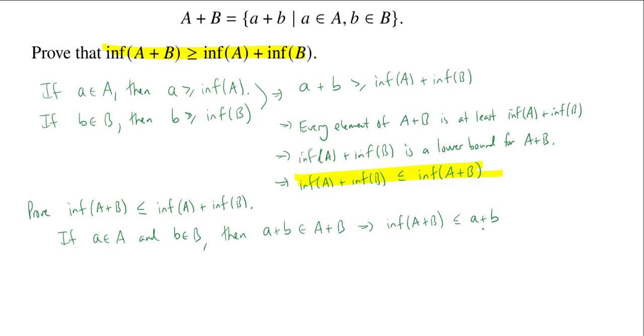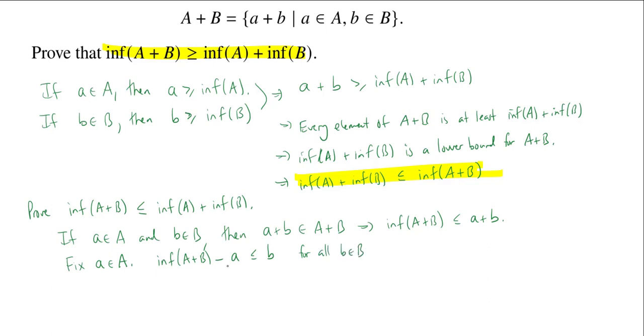I want to fix a particular a in A. That's going to stay the same. So I subtract a from both sides. Now I have that the infimum of A plus B minus a is less than or equal to b, and this is a true statement for all b in B.